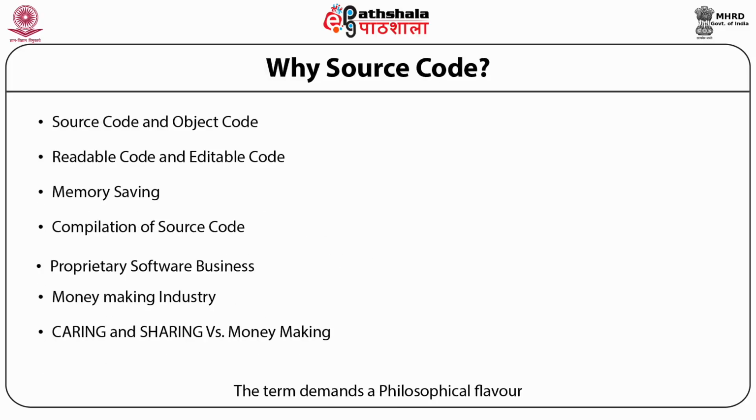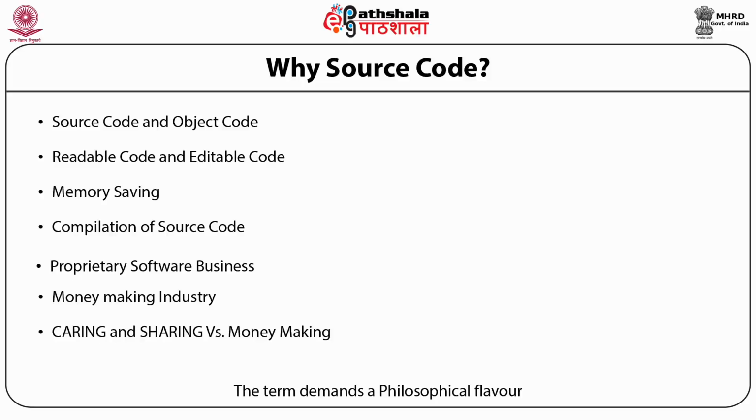Now, why source code? Source code is generally compiled into object code, and object code is the software which we receive on our computer. If the source code is there, I can rewrite the code and compile it again into a new object code. That means it's a readable code, an editable code, and a lot of memory can be saved.